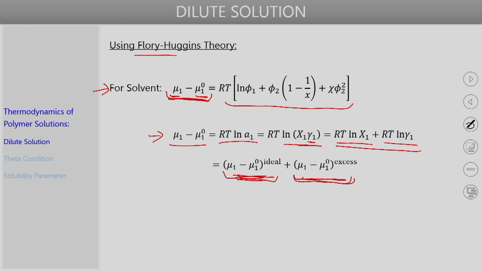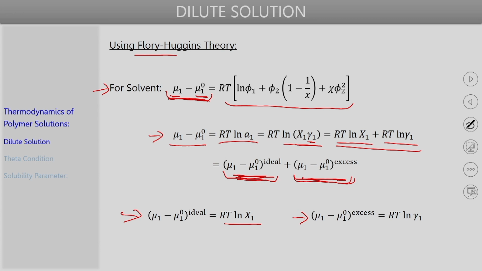So, comparing the expressions, for the first term, for an ideal solution, it is well known that this chemical potential difference, or the relative chemical potential, is just given by RT times ln x1. So, based on these observations, what we can say is that the excess chemical potential is defined as RT times ln gamma 1.